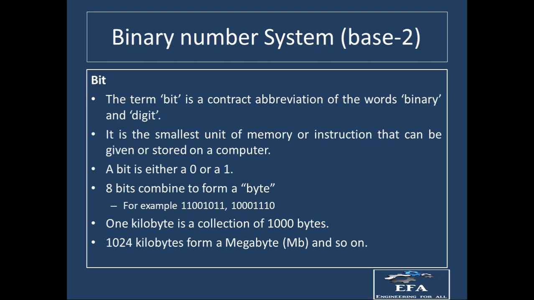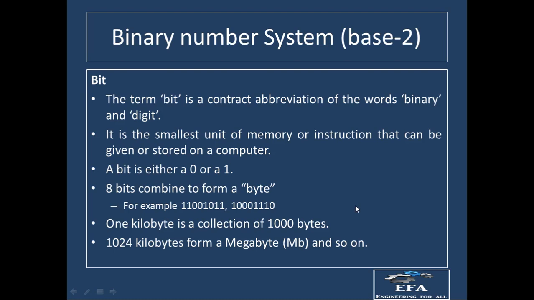A bit is a single digit, but when we combine 8 bits together, it forms a byte. These are some of the examples of a byte. You can see over here 8 bits are combined together to form a byte. This is one byte, this is another byte, and so on. We can have a number of combinations with different values of the bytes.